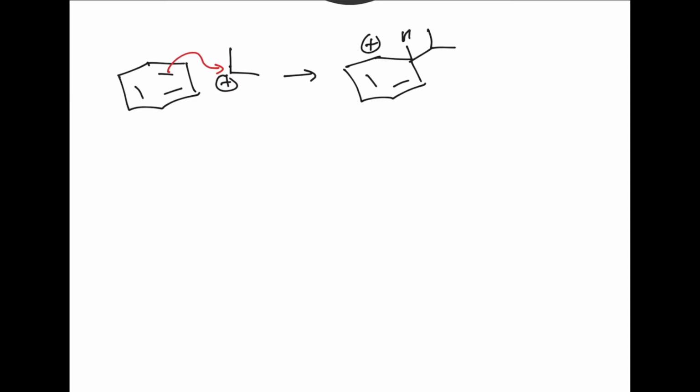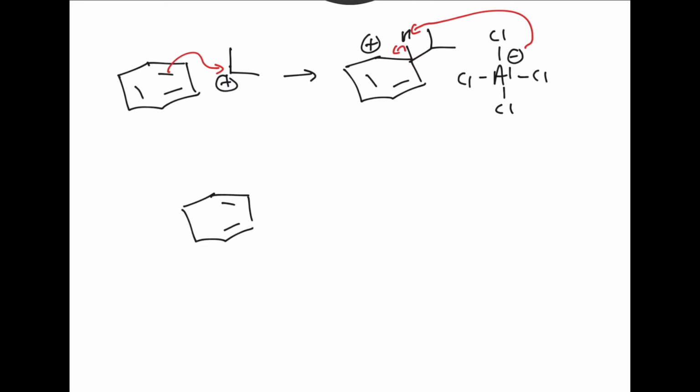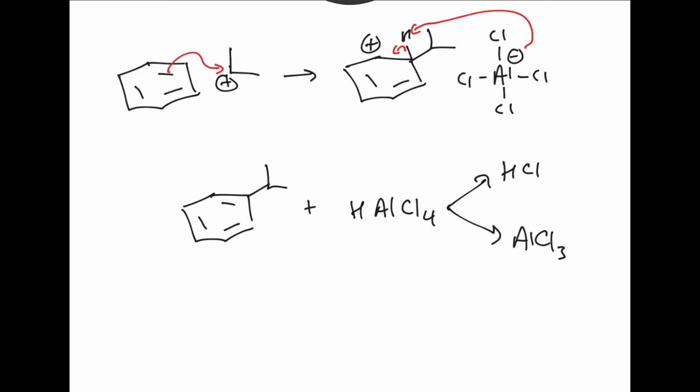Then we can use our AlCl4 as a base to remove that hydrogen, which makes our benzene ring plus HAlCl4, and that falls apart into HCl and AlCl3.